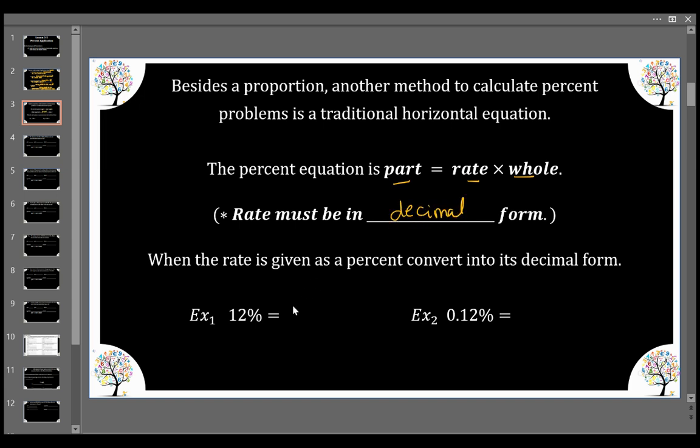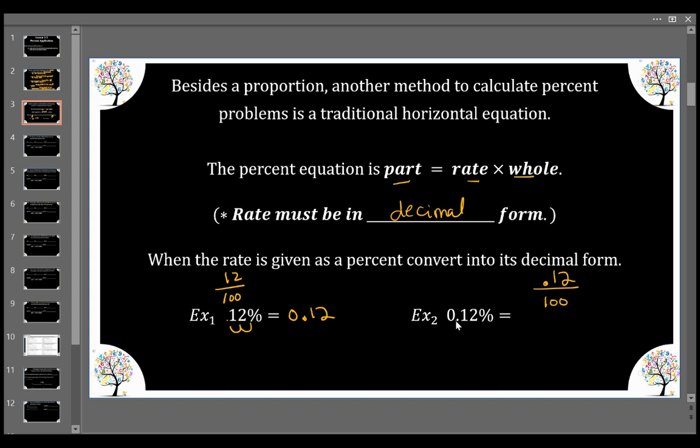So let's just recall how to convert a percentage into a decimal. We recall that a percent is based out of 100. So this is 12 divided by 100, which simply just moves your decimal 2 places to the left. So 12% as a decimal is 0.12 or 12 hundredths. 0.12% is going to be 0.12 or 12 hundredths divided by 100.